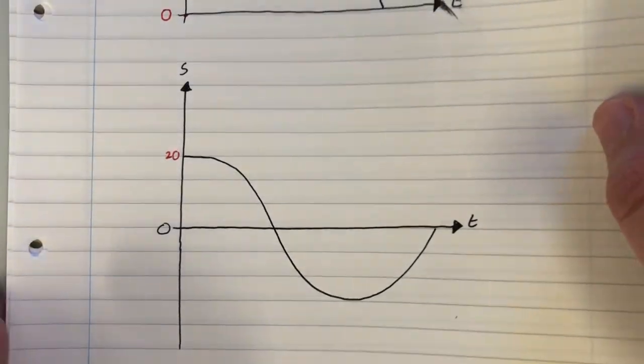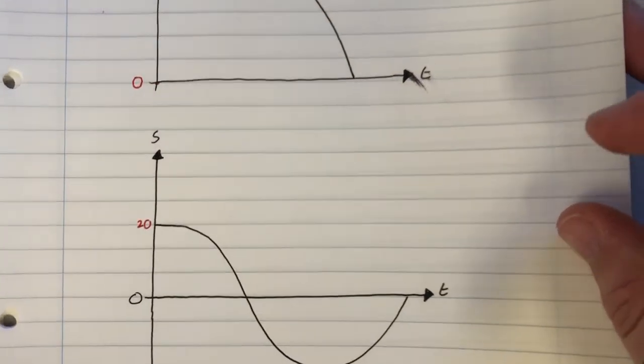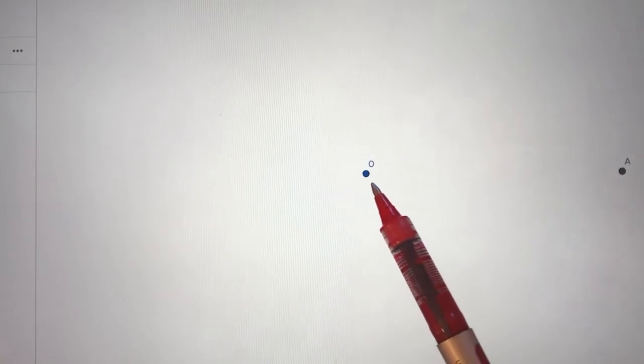To give some illustration of this, I've got an animation here. I've got a point O, which is my fixed origin, and a point A over here, which is the point of interest. When I start the time, this is going to move towards O, and we're taking to the right to be positive.